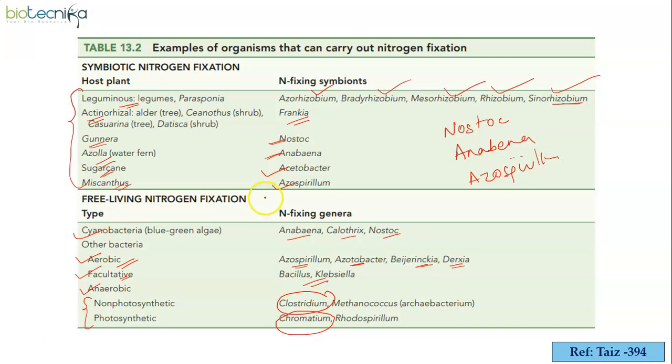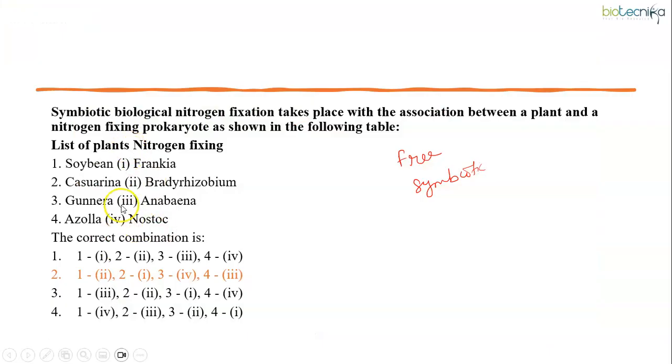And also do not be confused with the terms Acetobacter and Azotobacter. Azotobacter comes under aerobic free-living bacteria. Acetobacter is a symbiont for sugarcane. So these are a few things to be considered. Based upon this match the following, you can easily get to the answer.